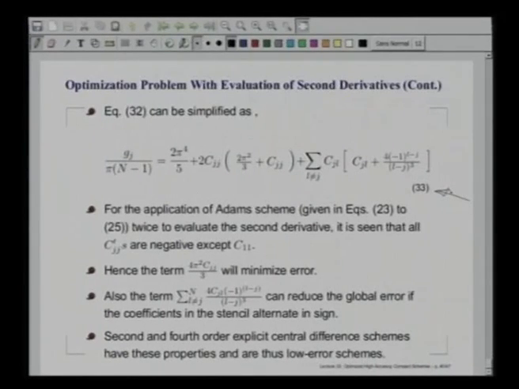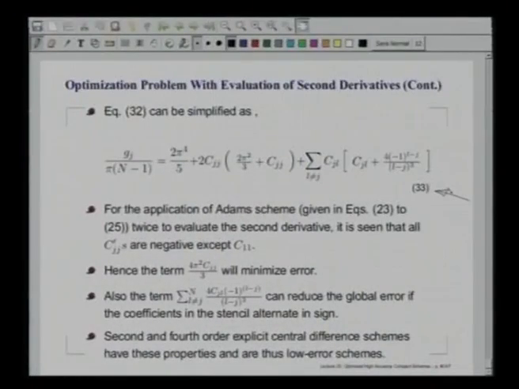Once again, we can see the choice of C matrix will determine what kind of quantities we are going to get. And what we can see is that this quantity is, we need to find out which are the quantities that can reduce global error.